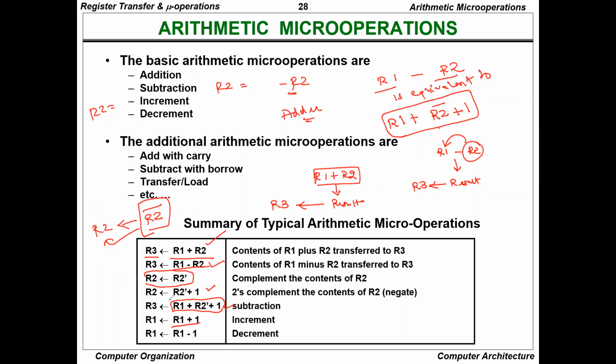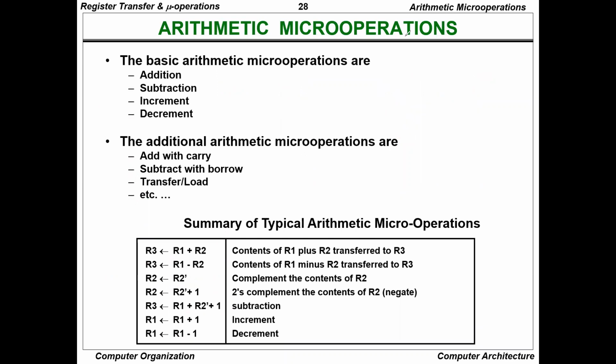Next is incrementing the value of R1 and decrementing the value of R1. So with this we come to the end of this slide, which shows the basic arithmetic operations that can be performed and the corresponding RTL language that we can use for the same.